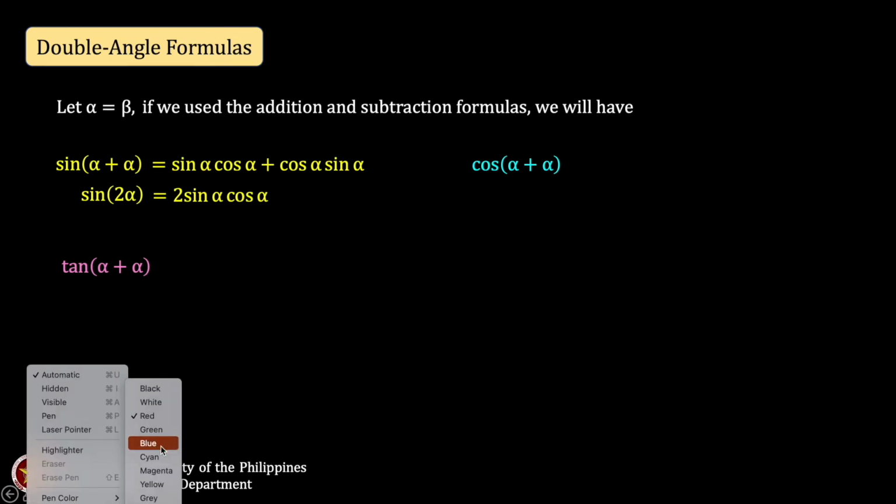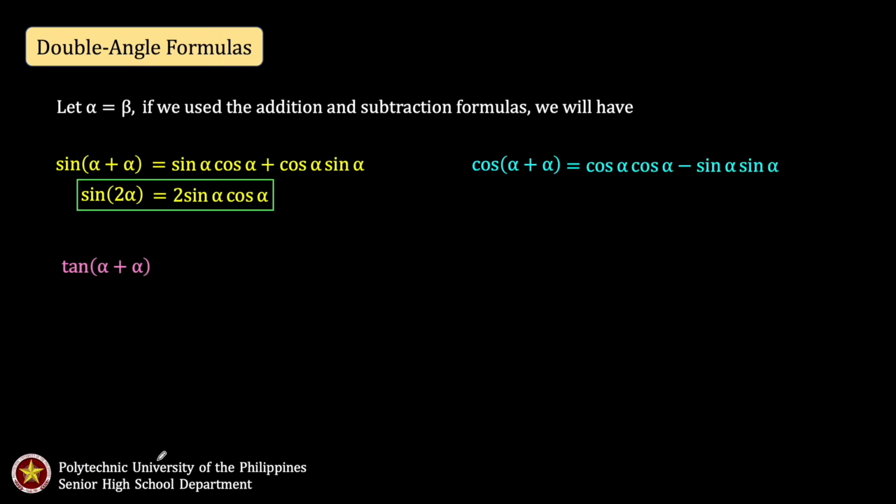Next is cosine. For cosine, we have cosine alpha times cosine alpha minus sine alpha times sine alpha. And that will be cosine 2 alpha. Cosine alpha times cosine alpha is cosine squared alpha, while sine alpha times sine alpha is sine squared alpha.